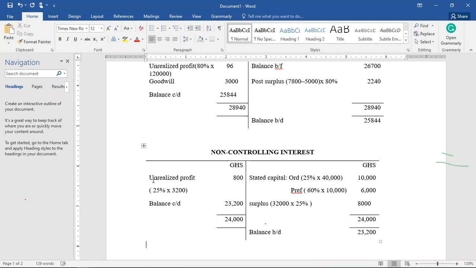So what it means here is that for ordinary shares, the percentage holding is 80-20, minority is having 20. But for preference shares, minority will be having 100% because the parent has not bought any of the preference share. So you should have that one at the back of your mind.